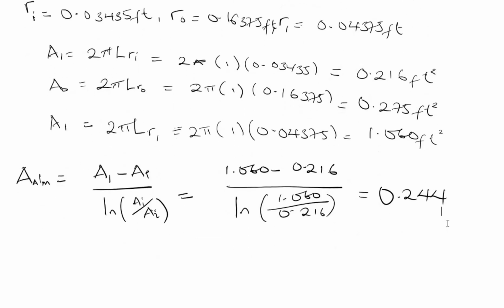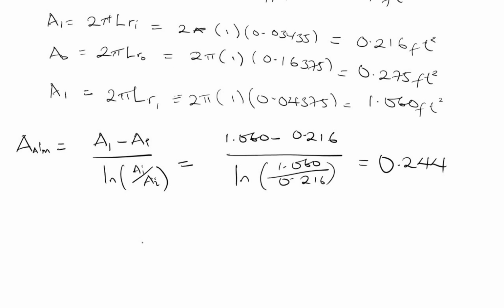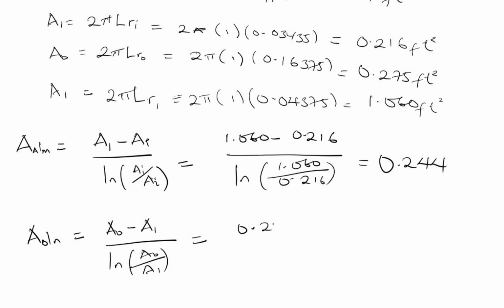Then for the log mean area of material B, that's AB, as we wrote above, A0 plus A1 divided by A1, which I calculated above to be 0.275.